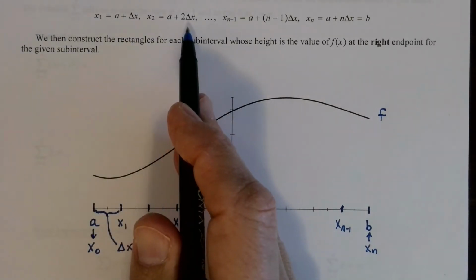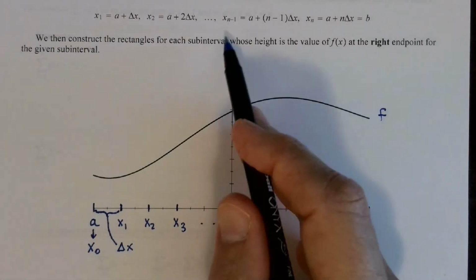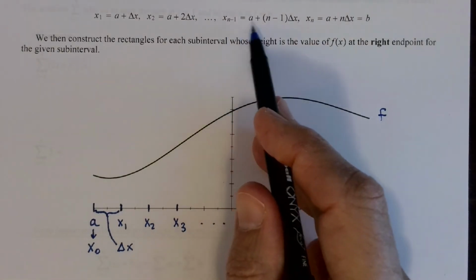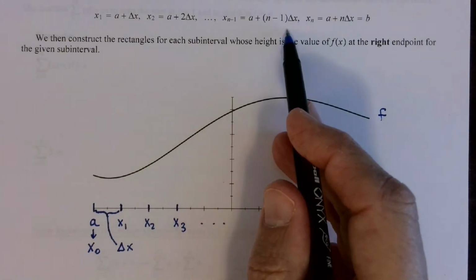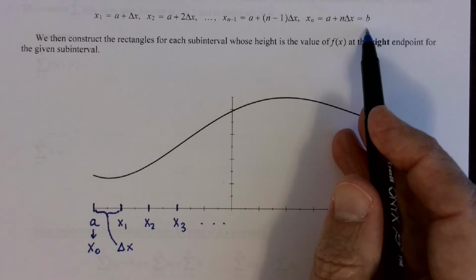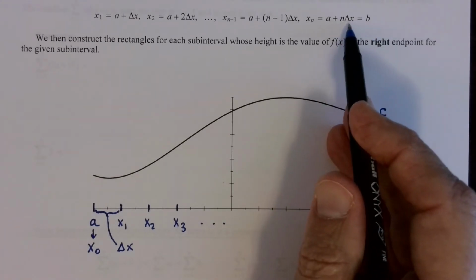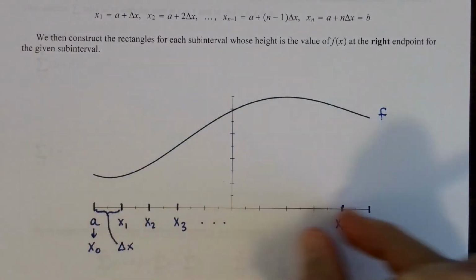You see that? So what's x of 3 going to be? a plus 3 delta x. And x of n minus 1 will be a plus (n minus 1) times delta x. And x of n is going to be a plus n delta x, but that's just going to be b, by the time we add all n of our distances, we'll be all the way to b.